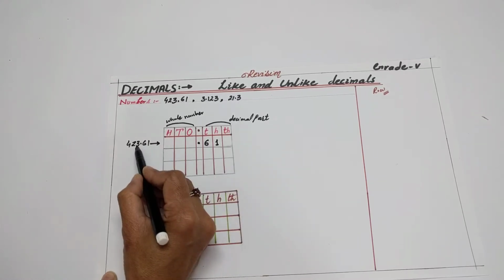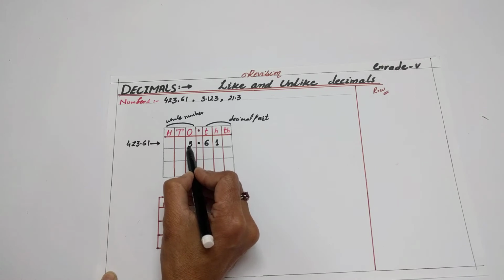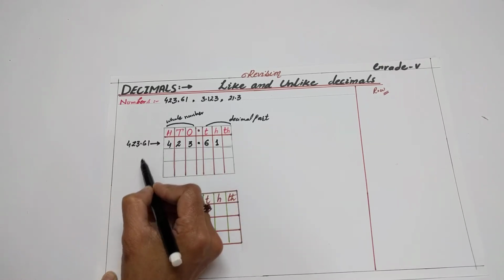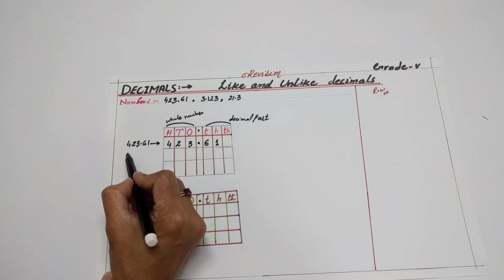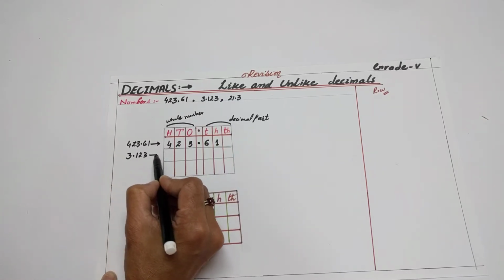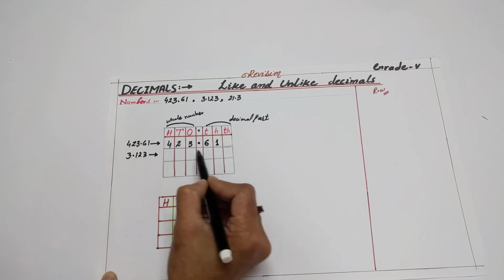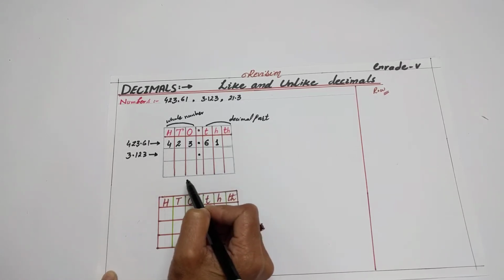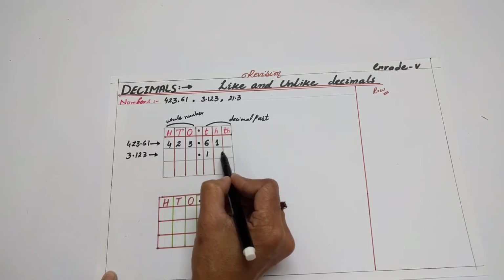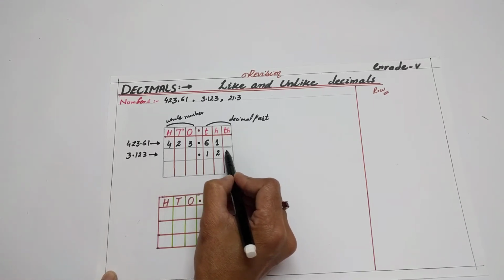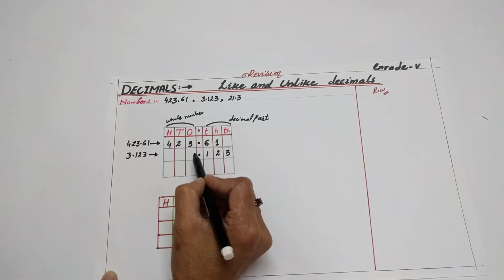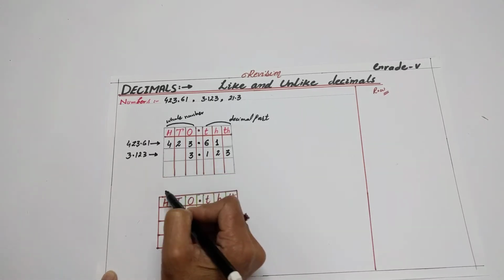Now come to the left side. First digit is 3, then 2, and then 4. Come to the second number, 3.123. Firstly put the decimal point. Then on the right side the first digit is 1, second digit is 2, and third digit is 3, and on the left side the first digit is 3.